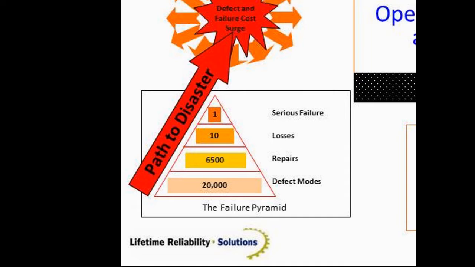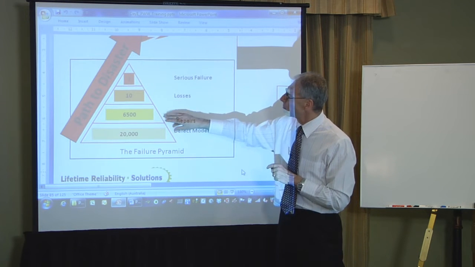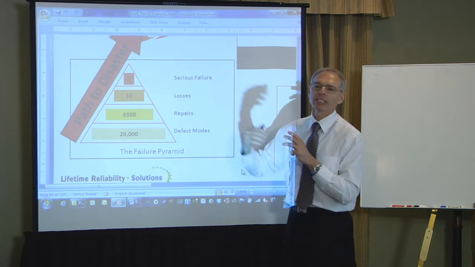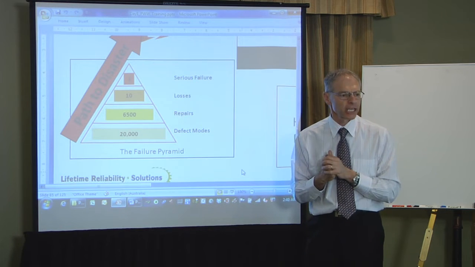And this particular figure here, these pyramids, what it's saying is, in this plant, for every 20,000 defects, these errors, mistakes, misunderstandings, wrong selections, whatever the case is, lead to 6,500 repairs. So these defects cause us maintenance. Of these defects, 10 can lead to serious business losses, major financial costs above and beyond what we never want to see in a business.